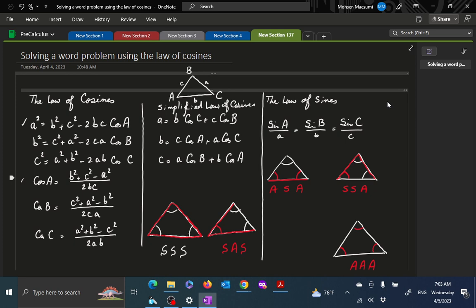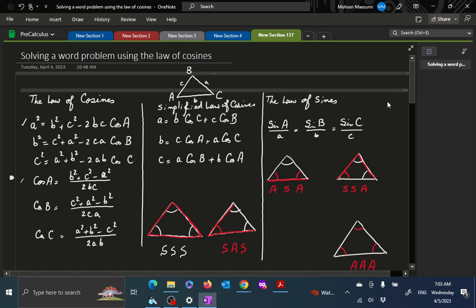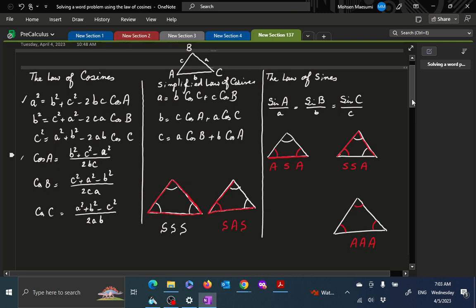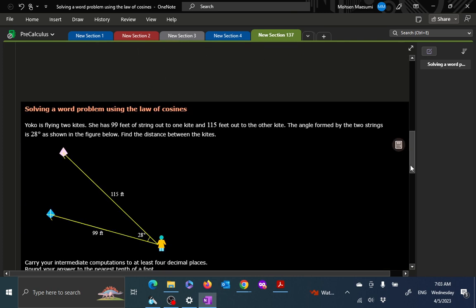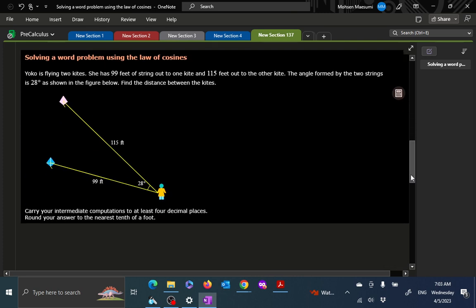We have something called the simplified law of cosines, which sometimes comes in handy for calculating one of the sides or angles. And then we had the law of sines, which tells us the ratio of the sine of an angle to the opposite side is the same for all three corners. So let's go ahead and take a look at these problems.